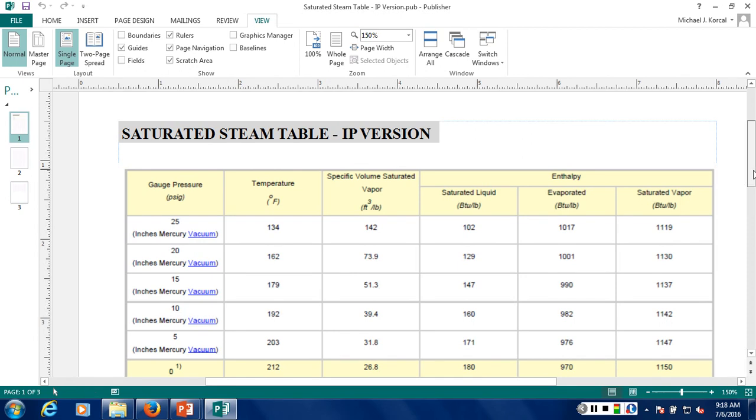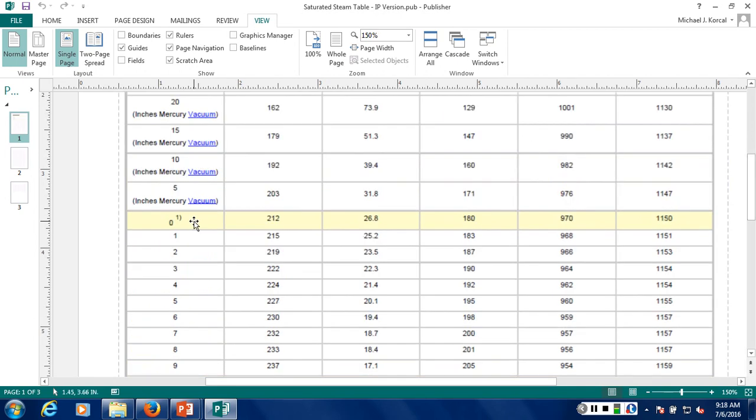So if we go down at 0 PSIG, which is atmospheric pressure at sea level, our boiling point is 212. This is the volume it takes up, and it takes 180 BTUs, or 1 BTU per pound per degree Fahrenheit, to get water the minute it starts as a liquid all the way up to the point it's boiling. So that's the first column.